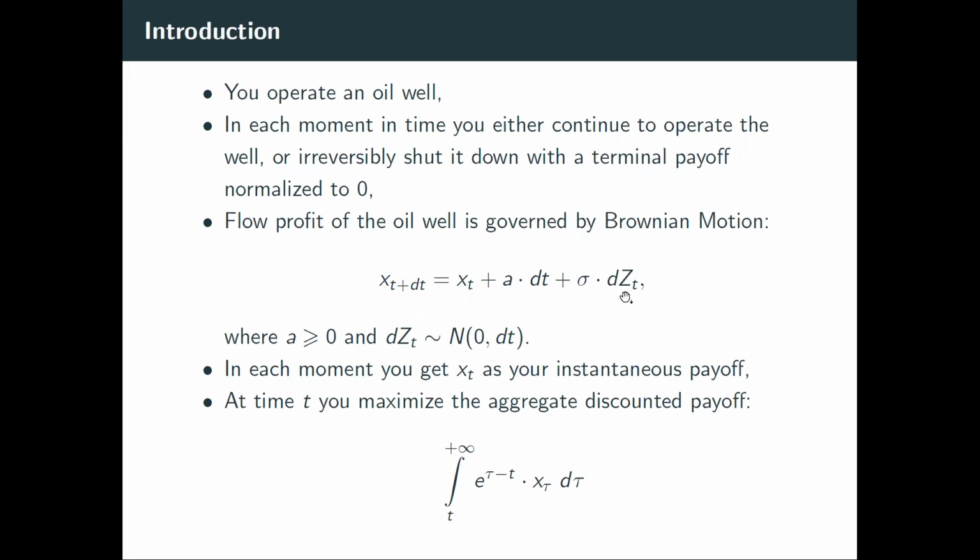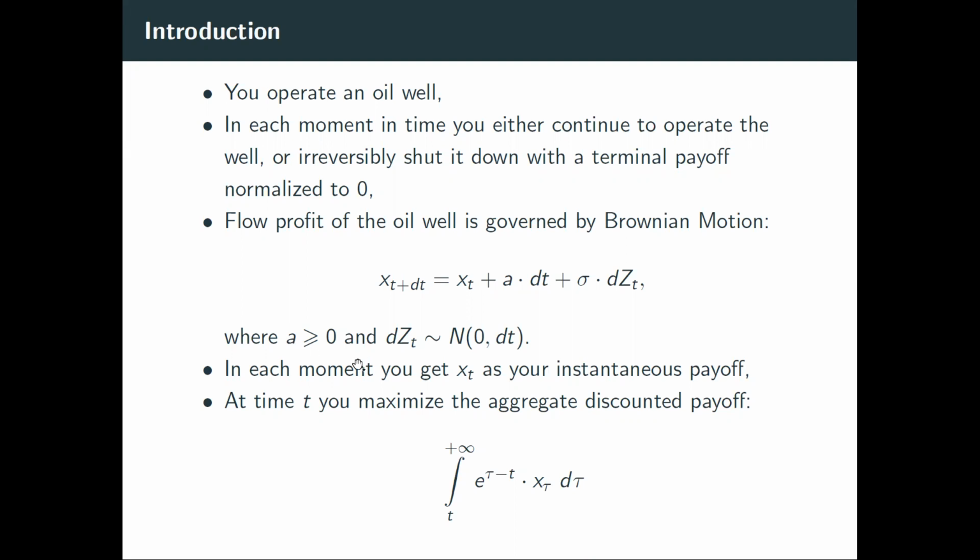And this random component dz, we assume it's normal with mean zero, that is, it oscillates around the trend, and the variance is dt. This is standard for any Brownian motion, all these assumptions, except the fact that generally we do not necessarily assume that the drift is non-negative. Here, for simplicity, we assume that it's non-negative.